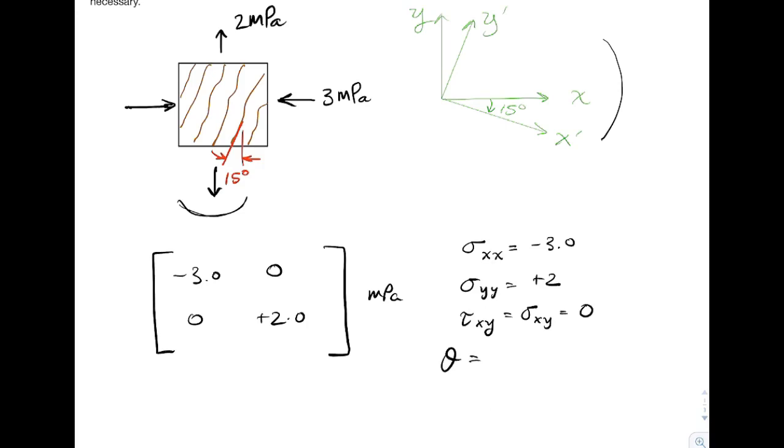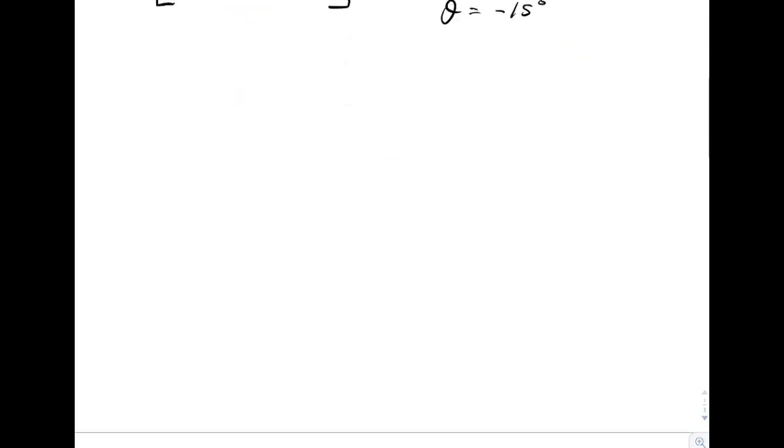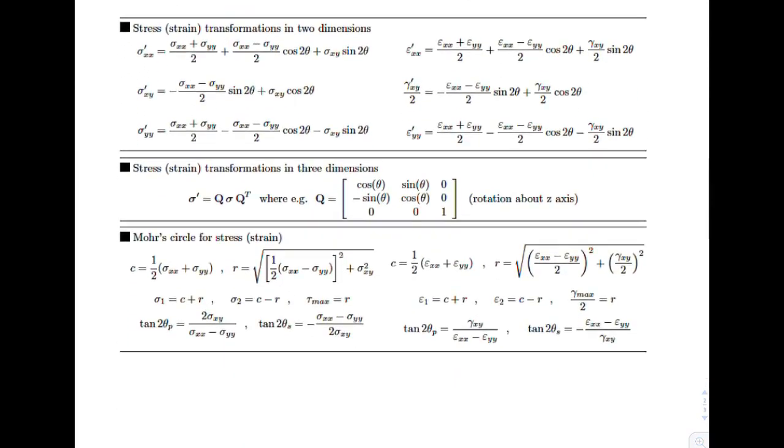And the all-important theta, remember we're going to define our angles through a right-hand rule, or just look at the slope that is created in the direction of rotation. So here we have a new x prime axis that would have a negative slope, so this is going to be minus 15 degrees.